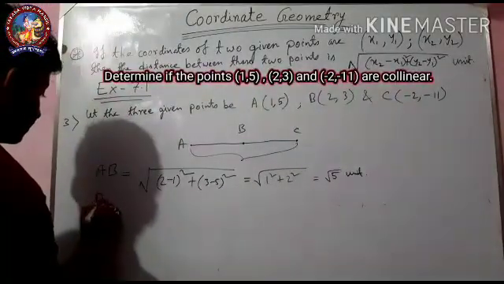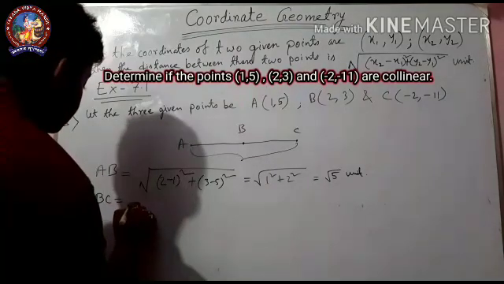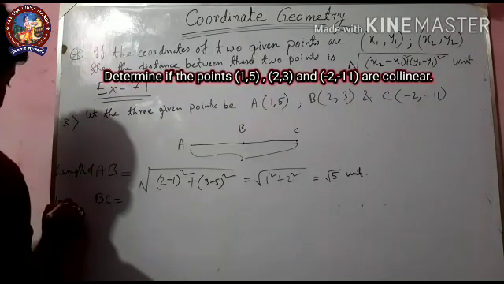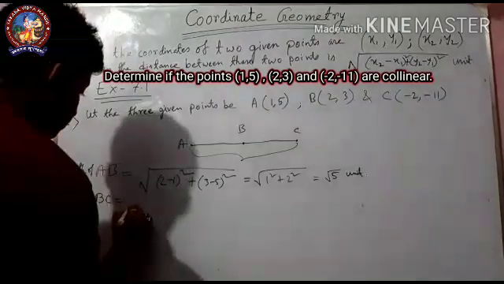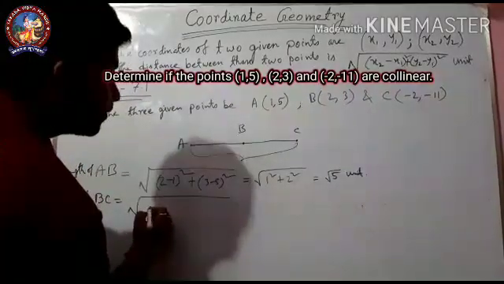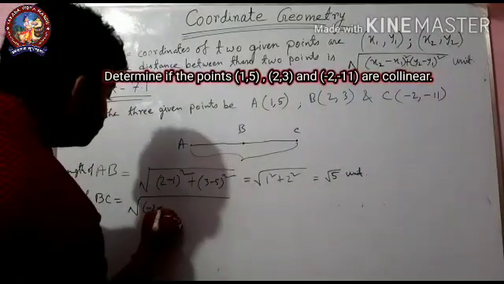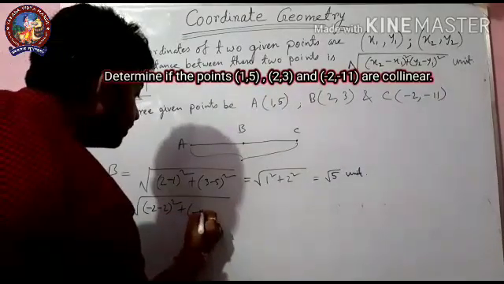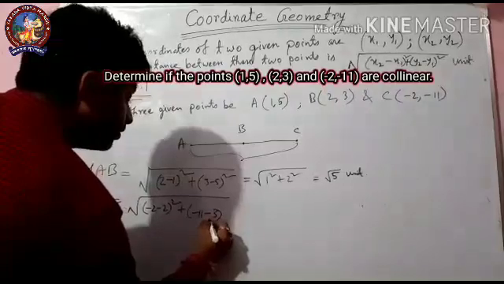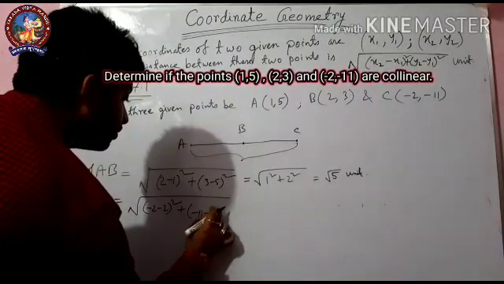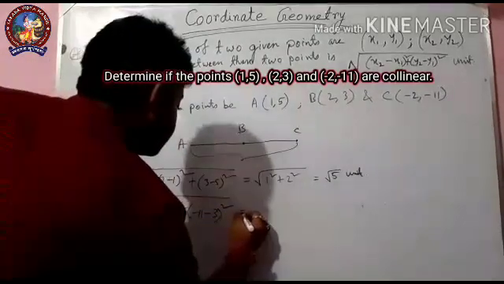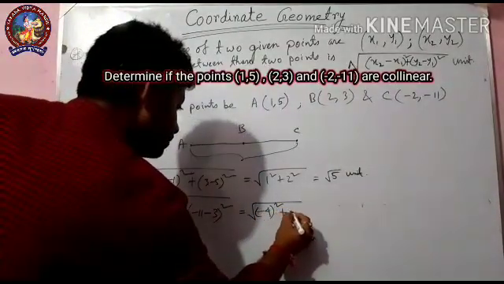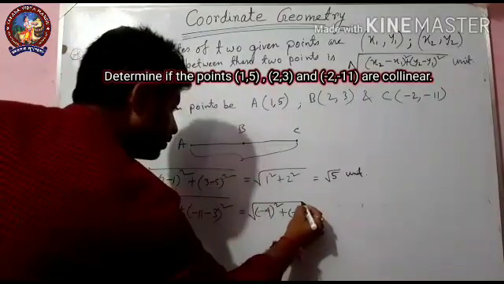Similarly, the length of BC will be, with the coordinates of B and C, minus 2 whole square, minus 11 minus 3 whole square, that is minus 4 whole square plus minus 14 whole square, right?